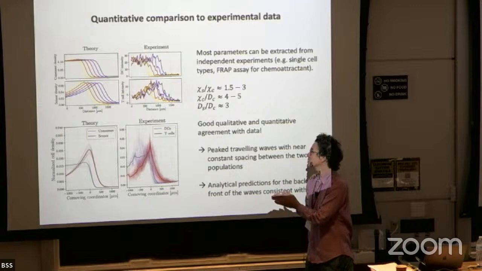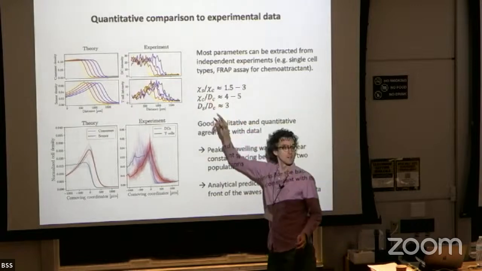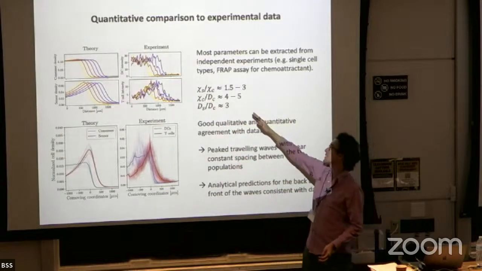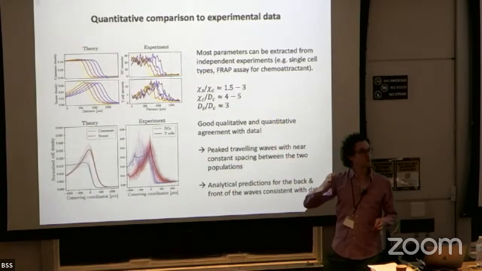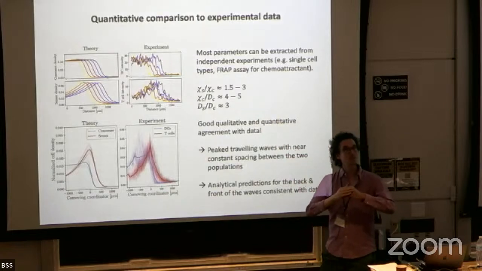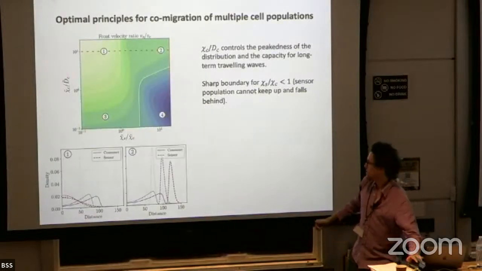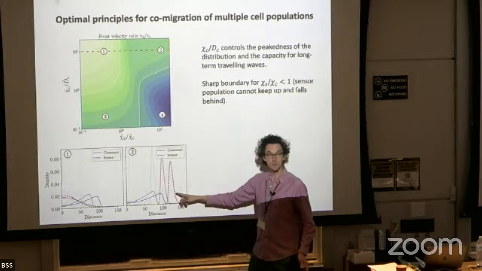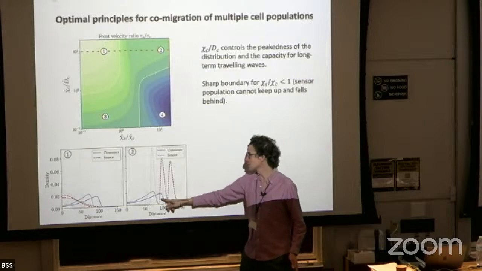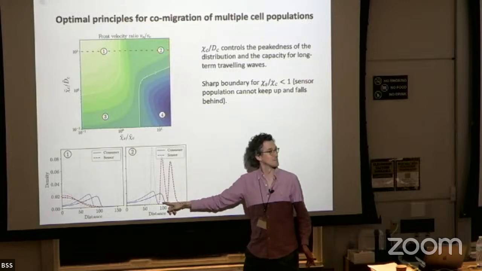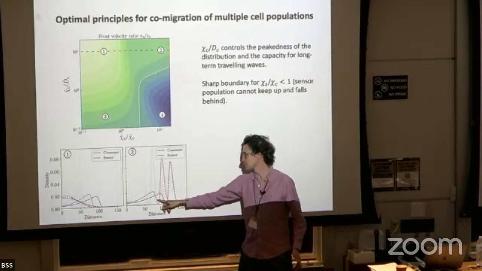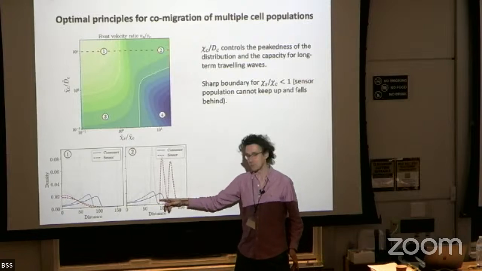And so if you imagine this, for instance, if you make your sensors 10 times more efficient than your consumers, your sensors are going to form a peak that's super far ahead of the consumers, right? So if your sensors are too efficient, they're going to be completely spatially non-colocalized with the consumers.